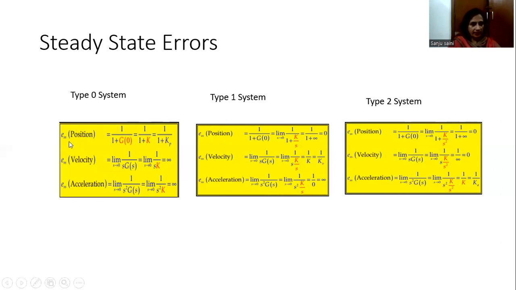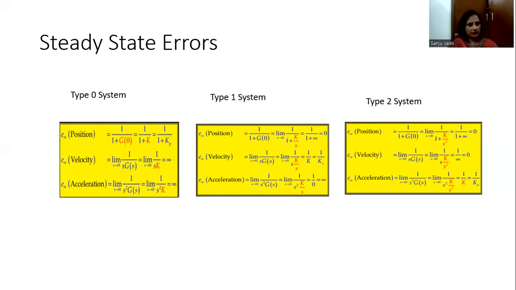Also, the steady state error can be reduced by increasing the value of Kp, Kv, and Ka. It seems that we can reduce the value of the steady state error by increasing the value of Kp, because the error is inversely proportional to these constants.